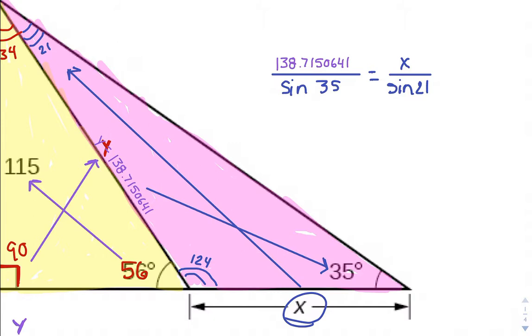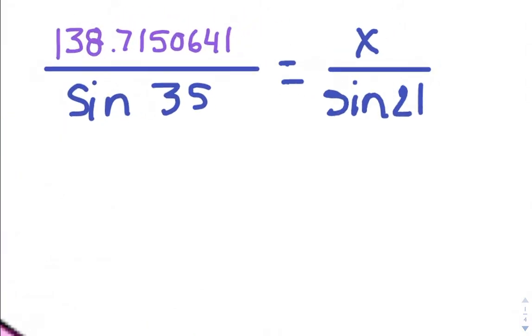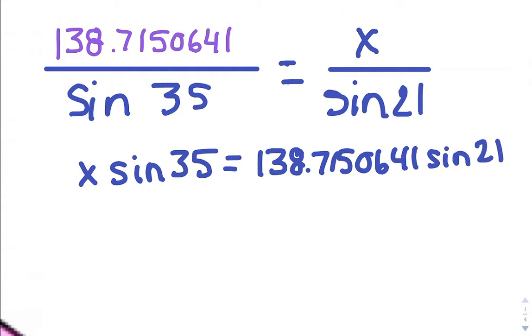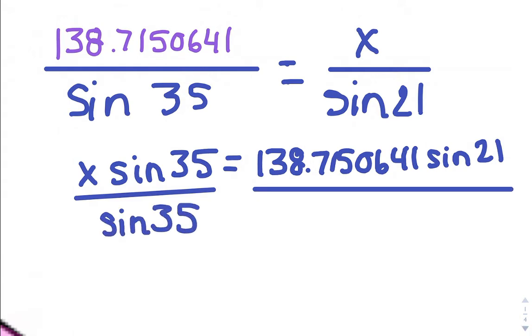Again, I have a fraction equal to a fraction, so I cross multiply here. I have x sine 35 equals, then you have this whole 138.7150641 sine 21. Again, we need x alone, so I'm going to divide by sine 35 on both sides. So in my calculator, this is what I'm typing in.